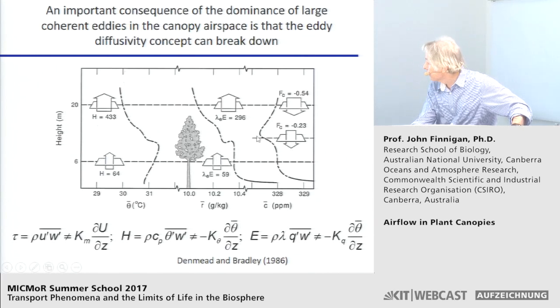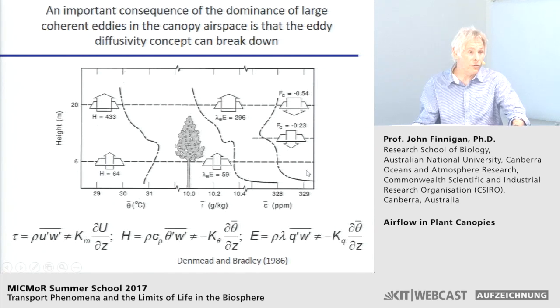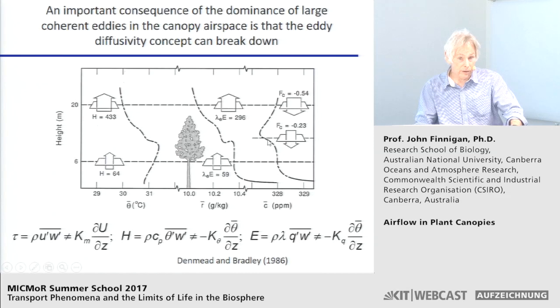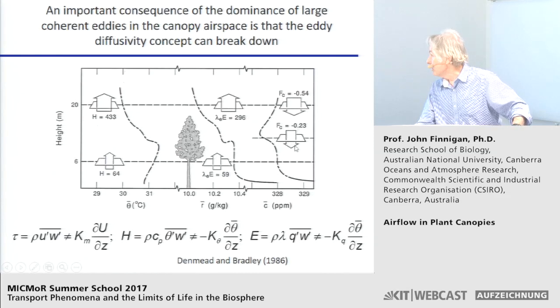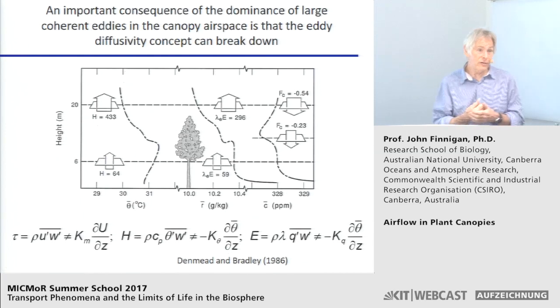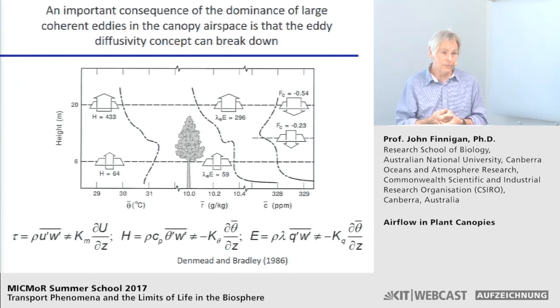But down here, we're actually getting respiration of CO2 from the soil. We get a reversal in the CO2 gradient, but still the CO2 flux is down because it's still being photosynthesized down here. So we have this failure of the eddy diffusivity concept in the plant canopy.